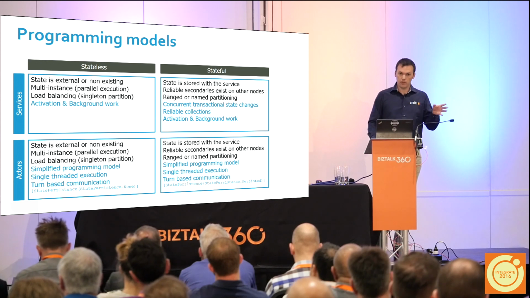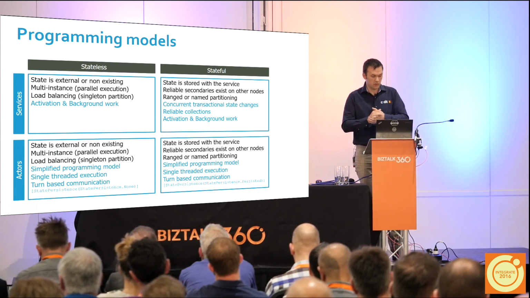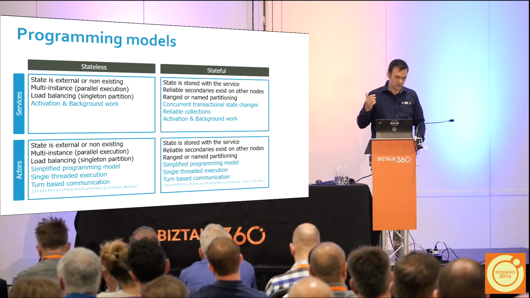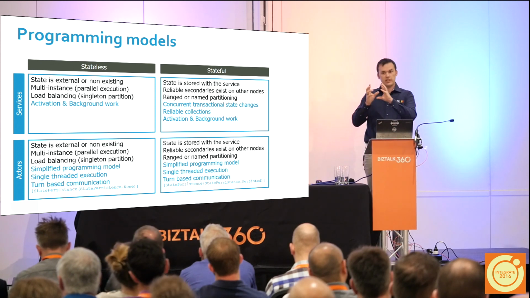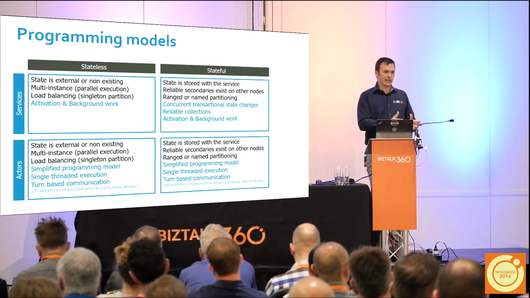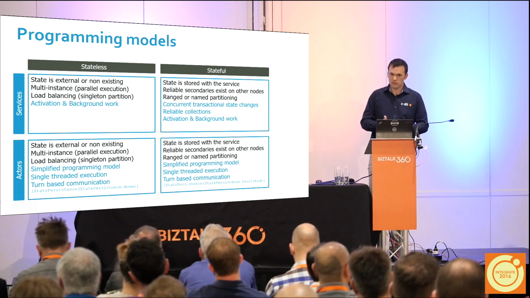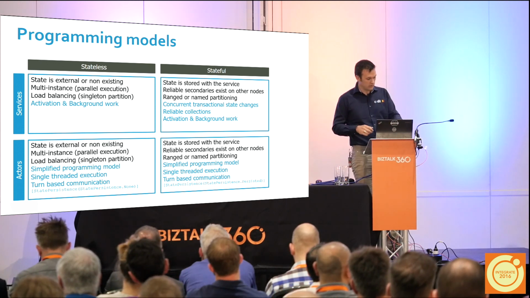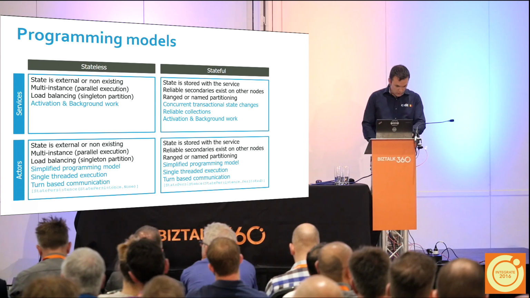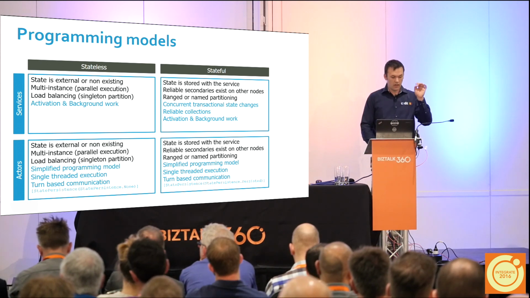Before GA, because Service Fabric was generally available, I believe, at the Build conference, before that you had explicitly stateful actors and stateless actors. That has been changed. Now you just have actors, and then on the bottom here, you can specify on an actor how it's persisted.